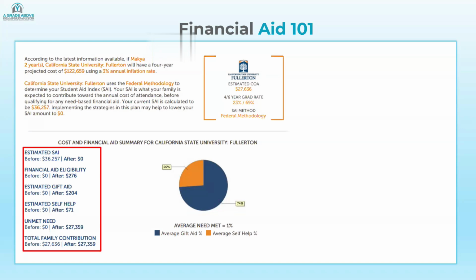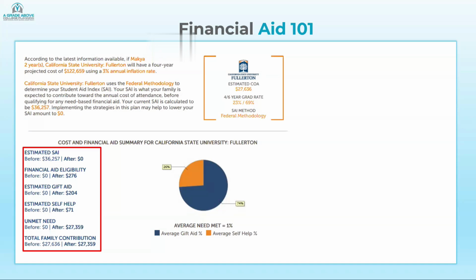There was a major FAFSA financial aid change about 2 years ago, and the new acronym is SAI, and they almost mean the same thing. And essentially, you want to have the lowest SAI you can possibly have, or the lowest EFC, that's what it used to be. The lower your SAI, formerly known as EFC, the more aid eligible your student might be.